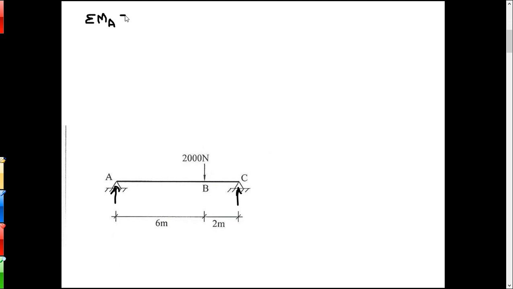So in statics, everything equals 0. So that's how I'd start that thing off. I think you ought to be getting to 1500 or so for C.